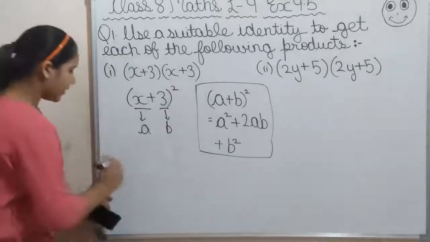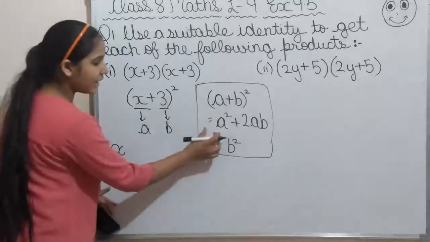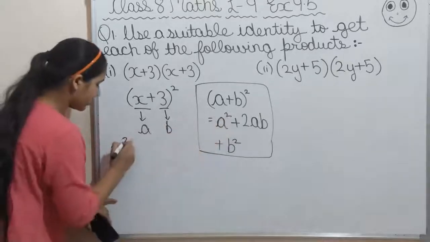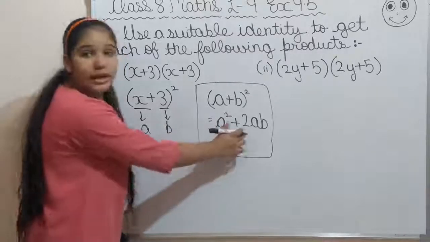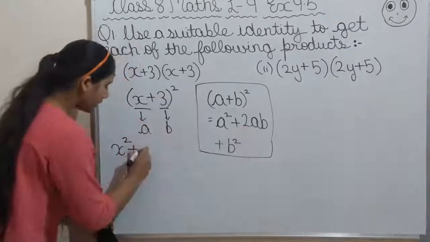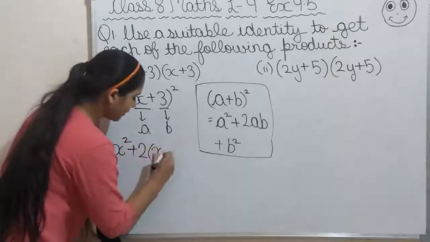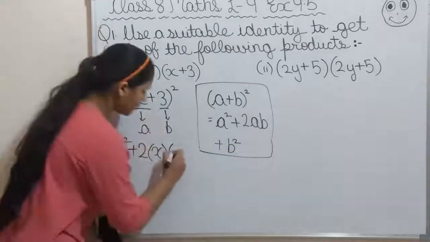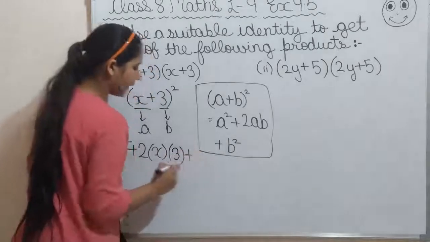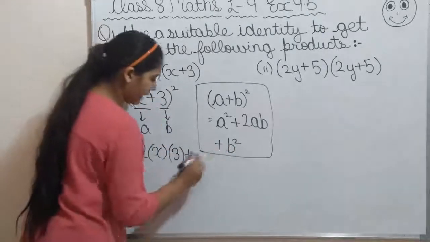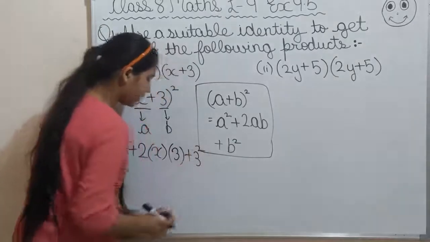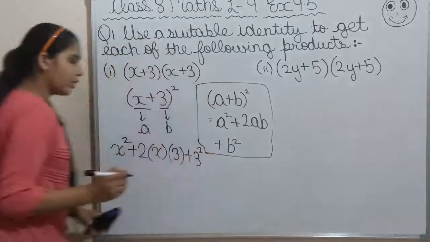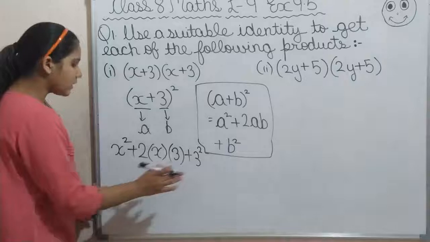So x plus 3 square: a square, where a is x, so x square, plus 2 into a into b. 2 into a, what is a? x, bracket close, then again bracket open, b is 3, so we write 3, plus b square, b is 3 and square, so it is 3 square.